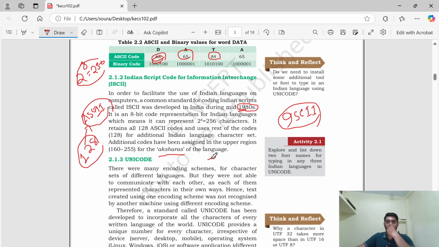Clear my point? Why are we using the ISCII character set? It is very simple: we need to add the Indian languages. That's why we need to introduce ISCII. So this is the use of ISCII code.